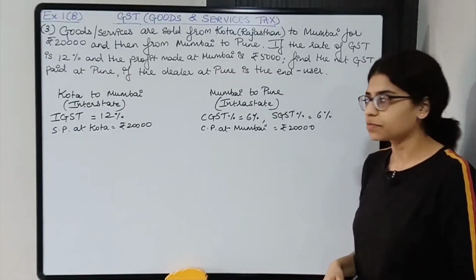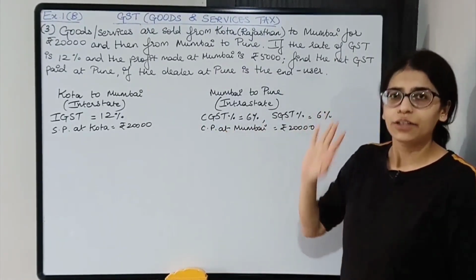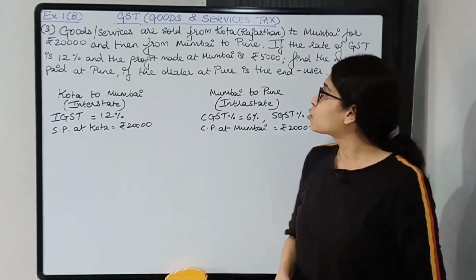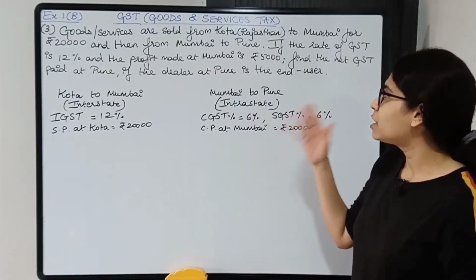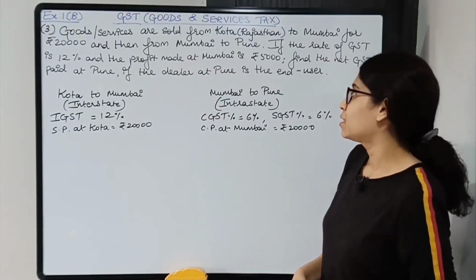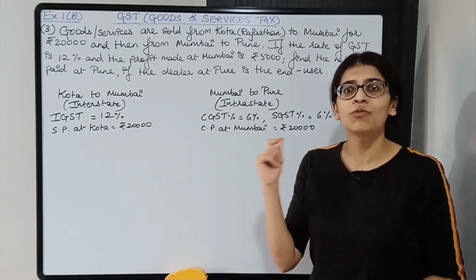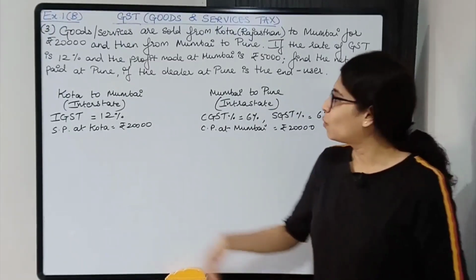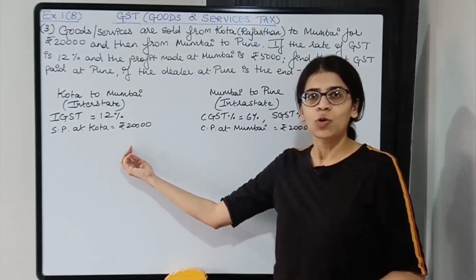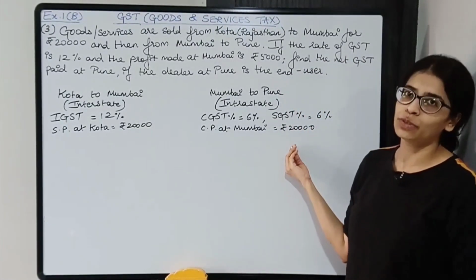All right. So Mumbai bought it for 20,000. After this, it will sell it to Pune. And then from Mumbai to Pune, the goods are being transferred. The profit made at Mumbai is rupees 5,000. Here Mumbai is buying from Kota, and here the Mumbai person is selling it to the Pune person.